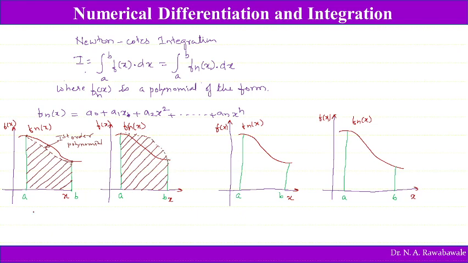So this is in figure 1, figure 2. In figure 1 we are assuming this function by a first order polynomial. In figure 2 we are assuming it as a parabola.